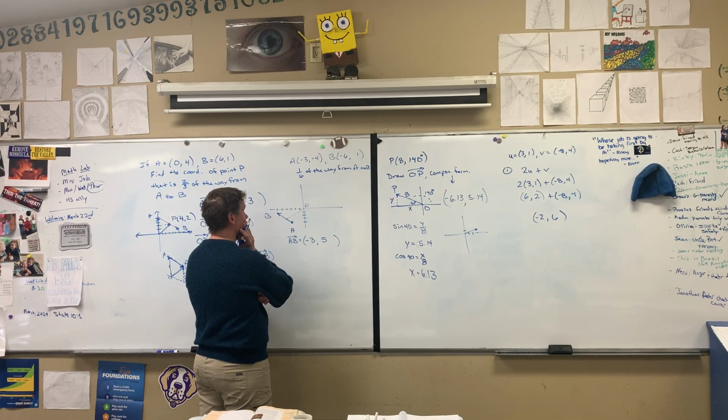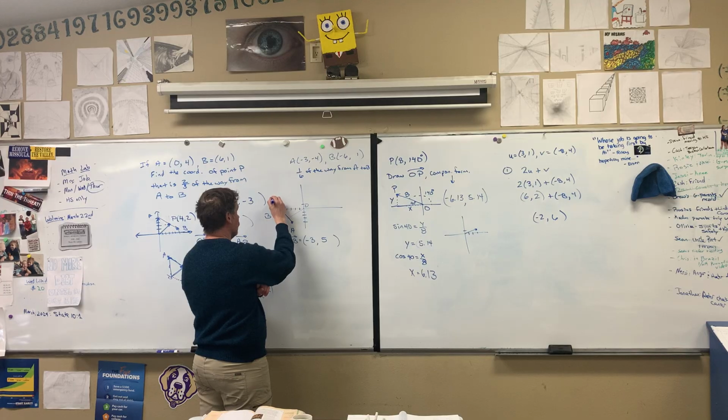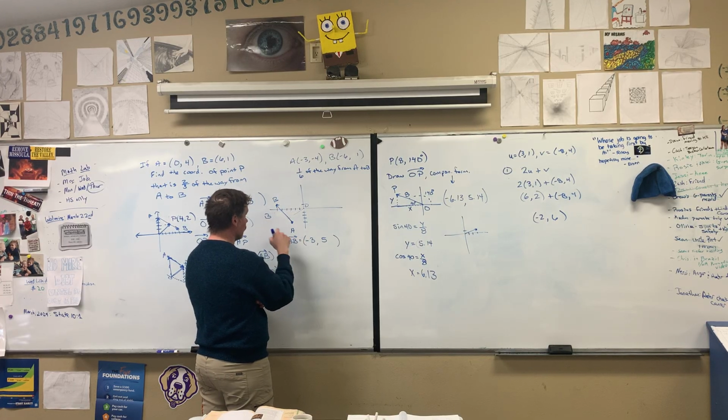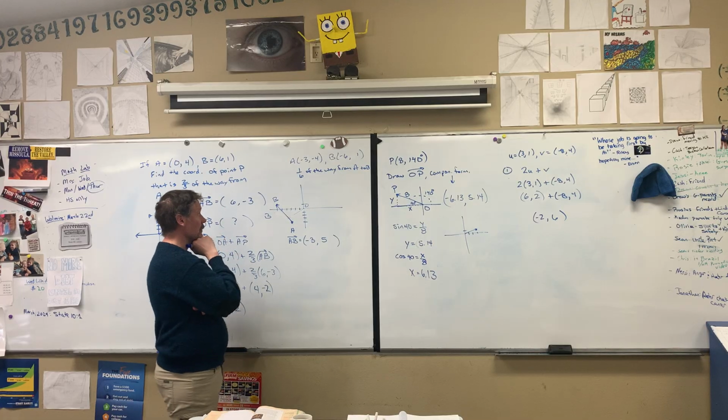Oh wait, isn't B's positive? Negative 6, positive 1. Sorry, I drew it as a negative 1, but it's positive 1 up there. Yeah, so there we go. Okay, making a couple errors. There's B, and so negative 3, 5, that makes sense.